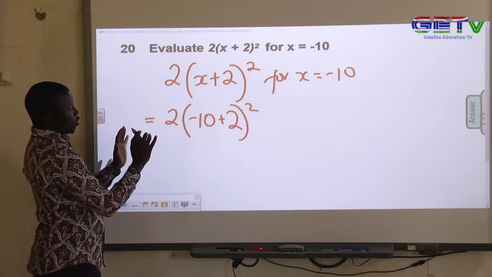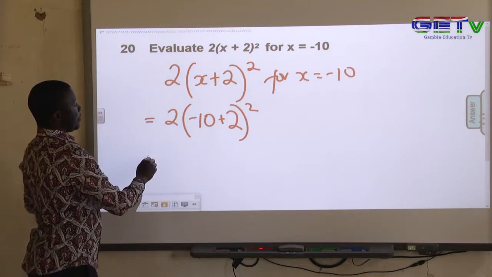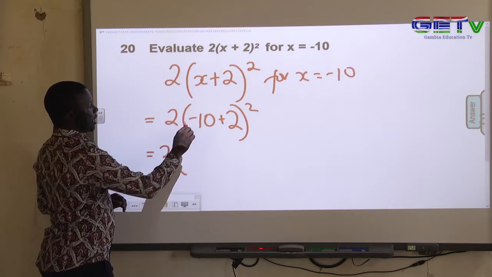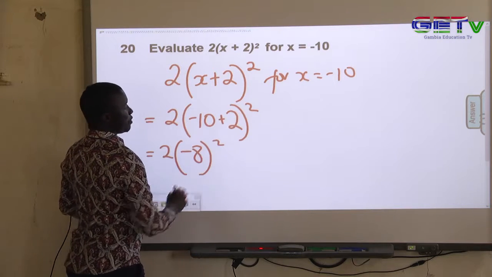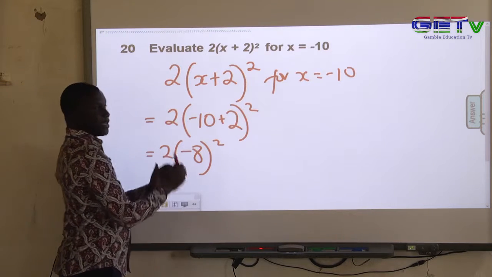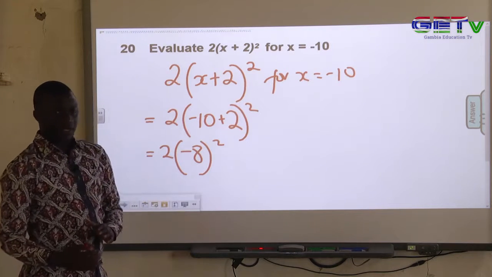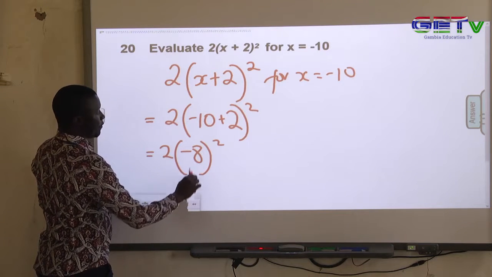So we first focus on the bracket, the parentheses. And this would be 2 into negative 10 plus 2, which is negative 8 square. The square of negative 8 means negative 8 times negative 8, and negative 8 times negative 8 equals 64.